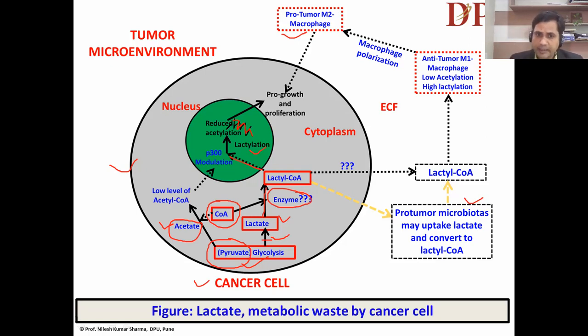So what is the possibility here? If you look at this lactate, it may come out of cancer cells into the tumor microenvironment. This lactate can be accepted by pro-tumor microbiota because lactate is more.